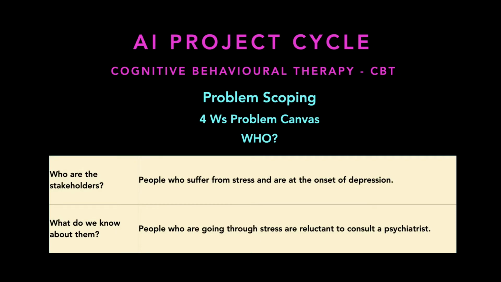The people who are suffering from stress and are at the onset of depression. They are very stressful, very anxious, and they might reach depression very soon, right?